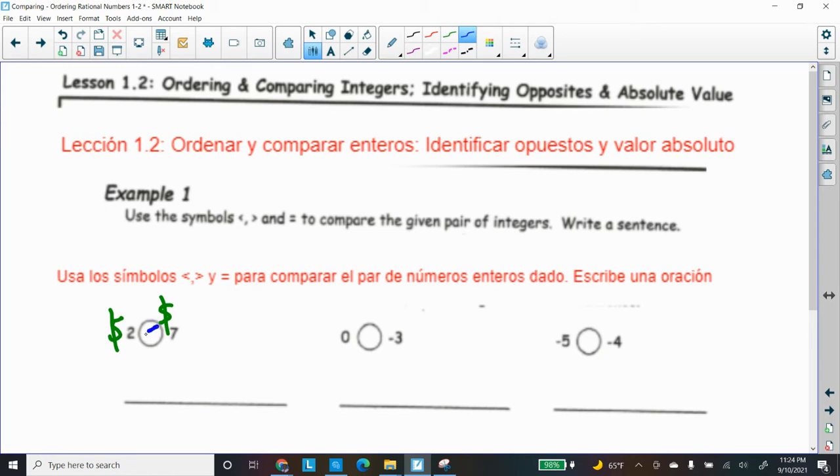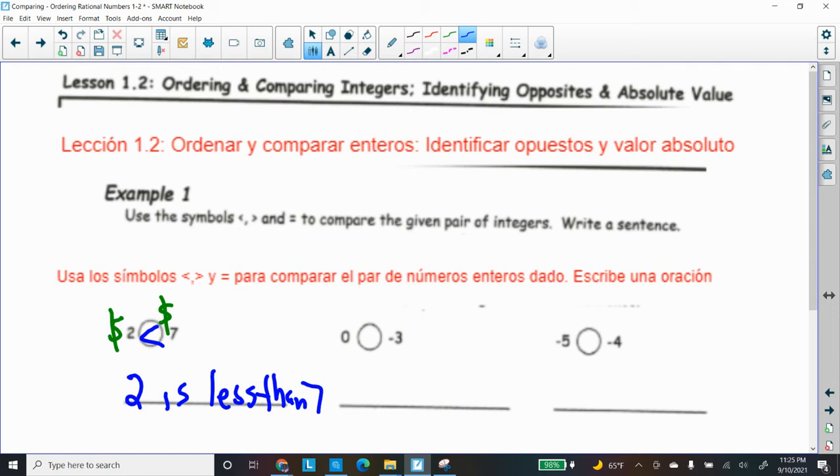I know $2 is less than $7, or $7 is more than $2. So $2 is less than 7. So use the dollar sign to compare.